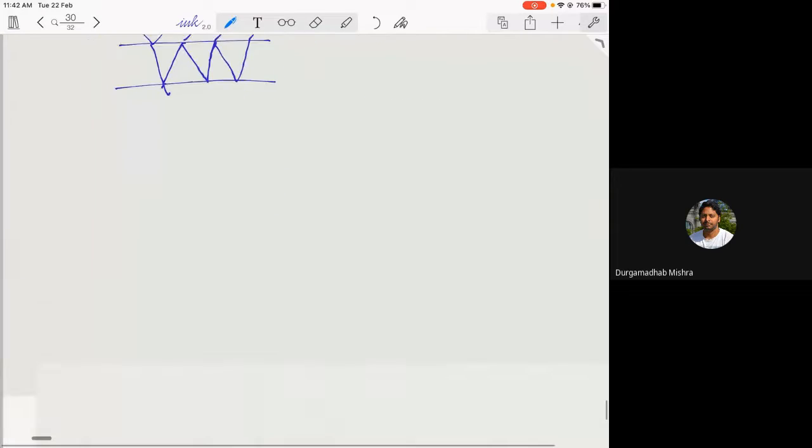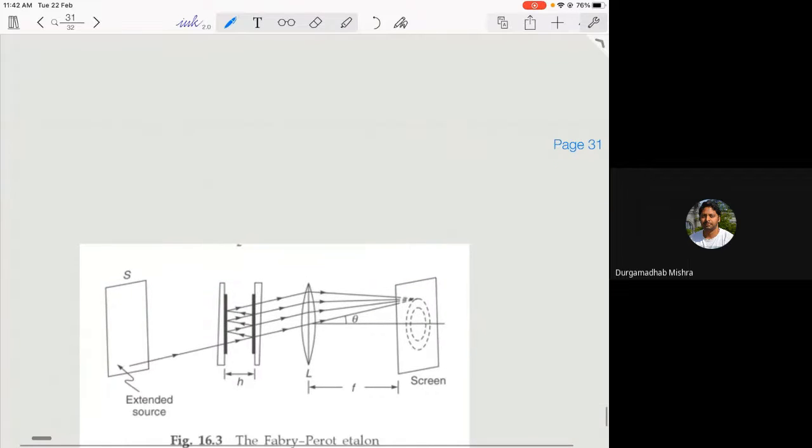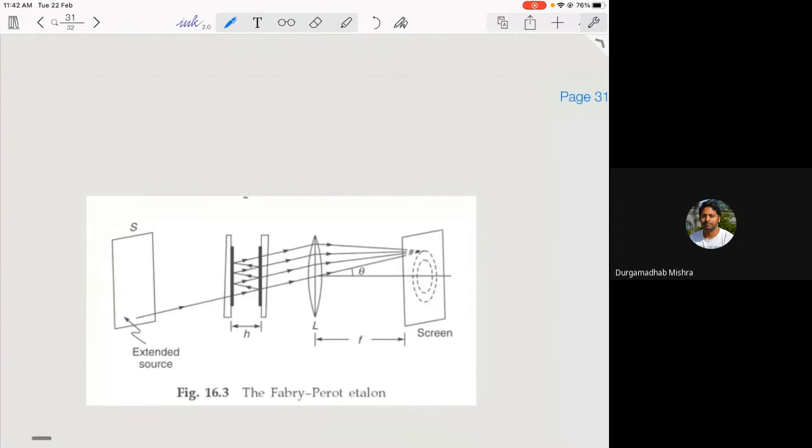And one example I will show here is known as the Fabry-Perot etalon. Okay, so this is a special kind of application of multiple beam interference.